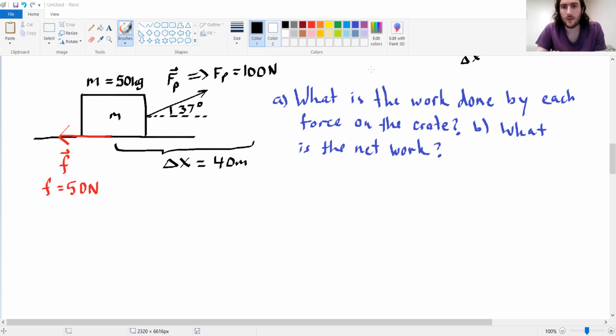Has anyone got an answer for the work done by the force due to gravity, or the weight of the crate? Okay, good. So we have a couple people giving some input here.